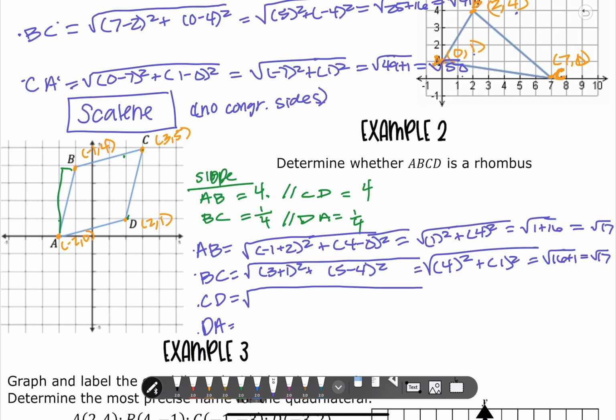Okay, so notice that these 2 sides are congruent. Now, just because those 2 sides are congruent, you can't technically completely determine whether or not it's a rhombus yet. Okay, you do need to at least check if CD is also congruent, because if the opposite sides are parallel, then BC and AD would also be congruent, but you need to check CD at the least.